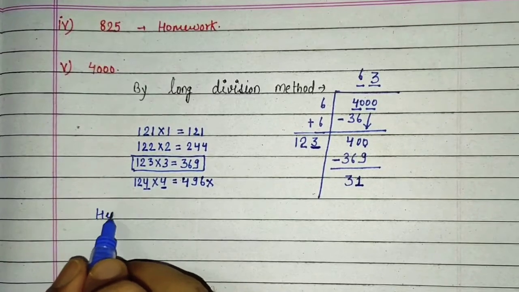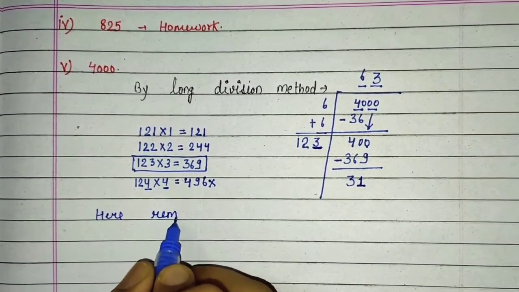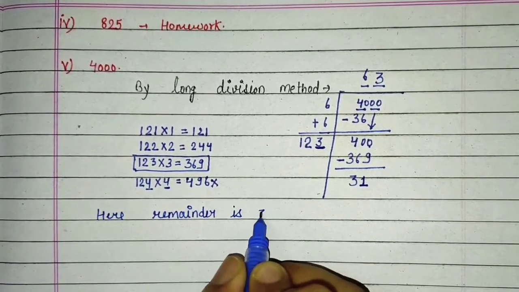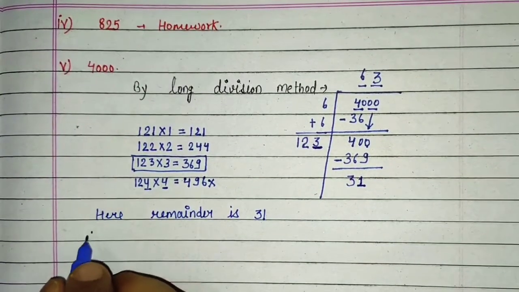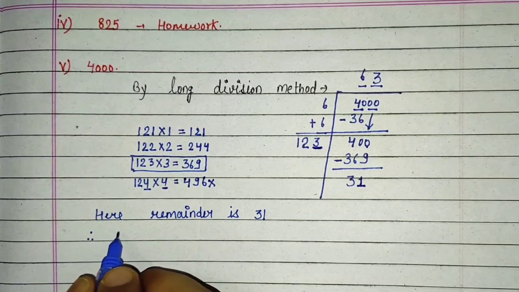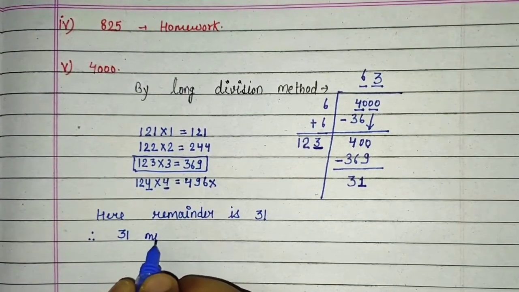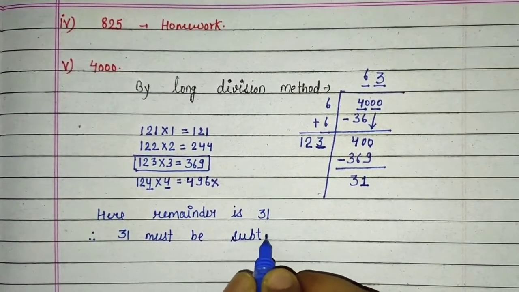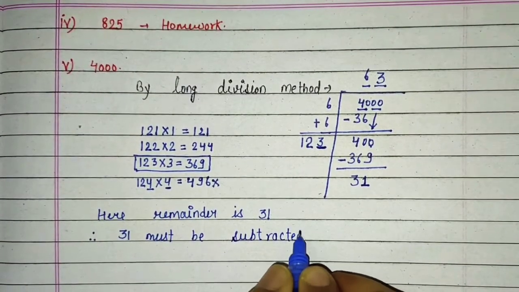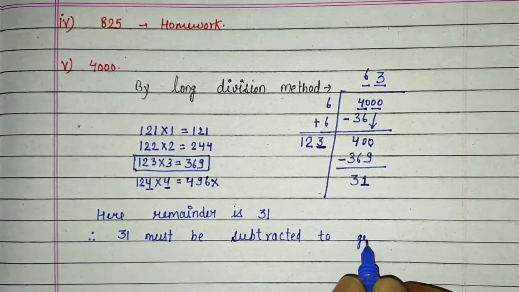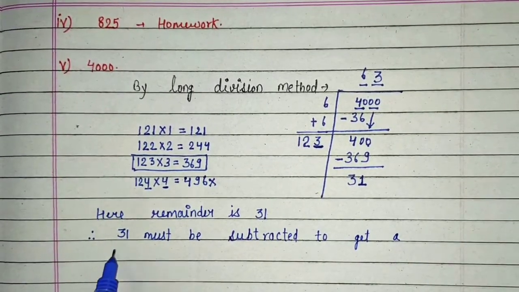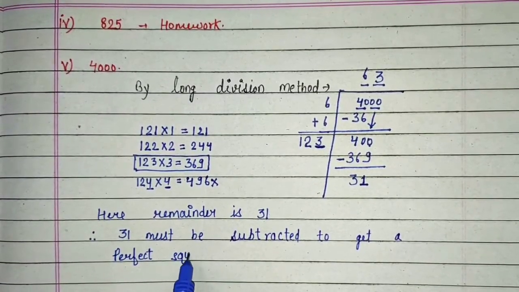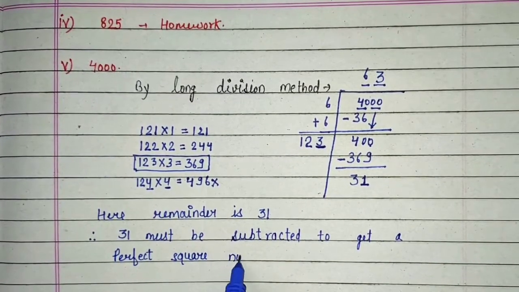Here the remainder is 31, therefore 31 must be subtracted to get a perfect square number.